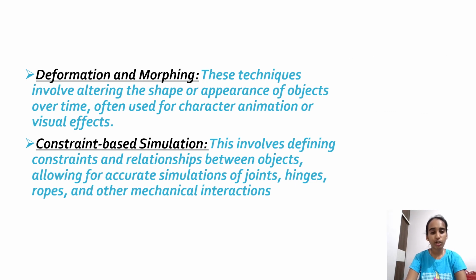This technique involves altering the shape or appearance of objects over time, often used for character animation or visual effects. Constraint-based animation simulation. This involves defining the constraints and relationships between objects, allowing for accurate simulations of joints, hinges, ropes, and other mechanical interactions.